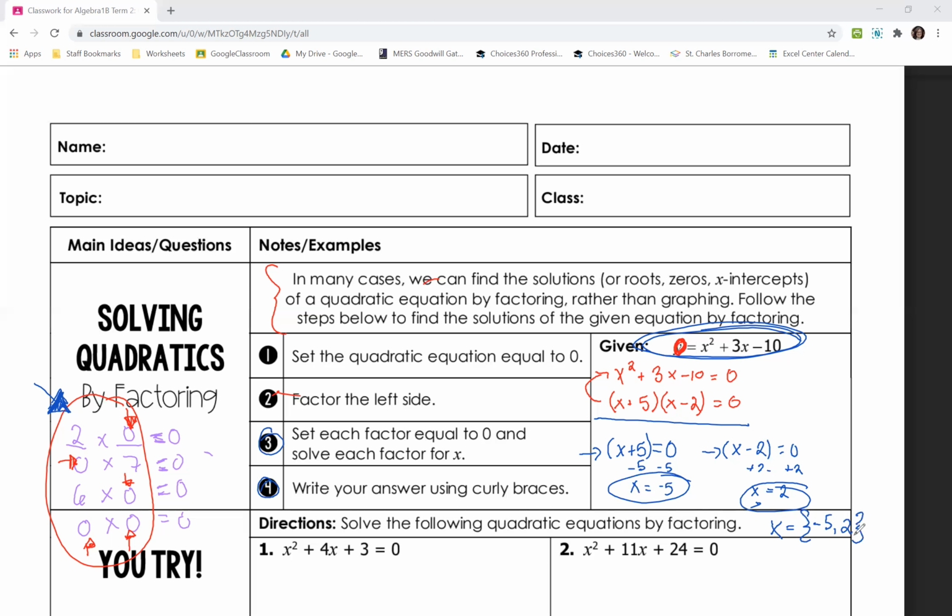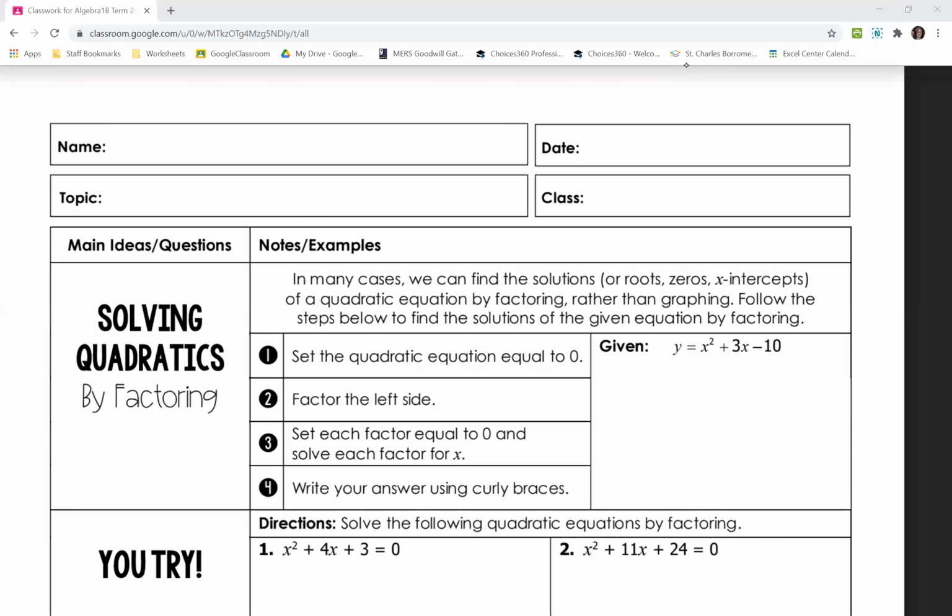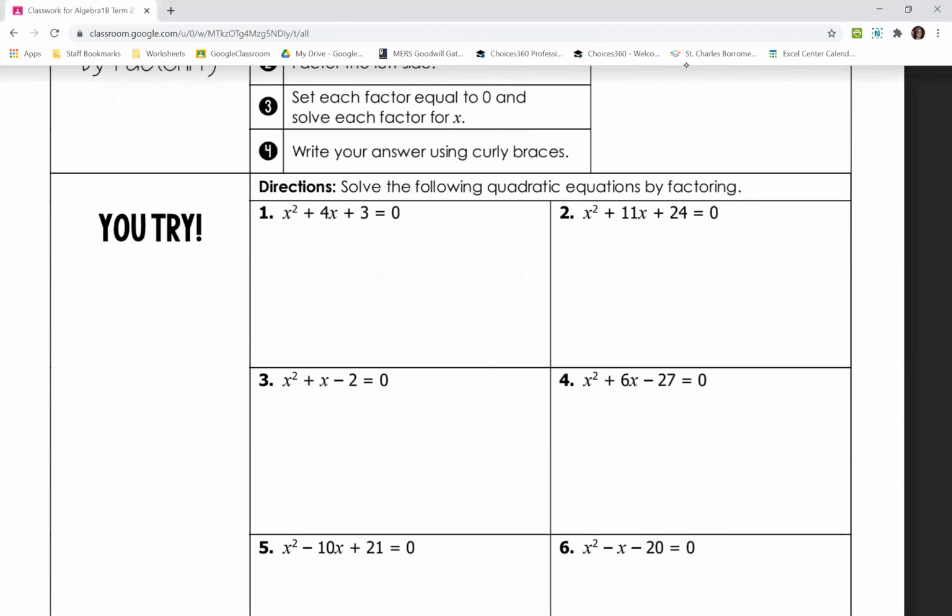So these curly brackets indicate to us that it can either be -5 or 2, either one. It's just a form of communication. You don't have to do this in here, that won't be necessary. Okay, let's move on and do a few examples.